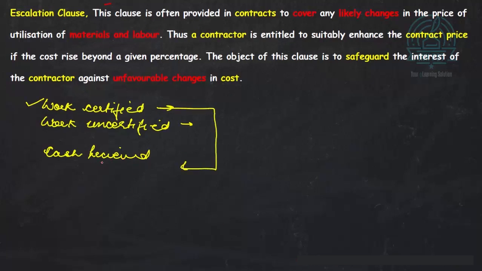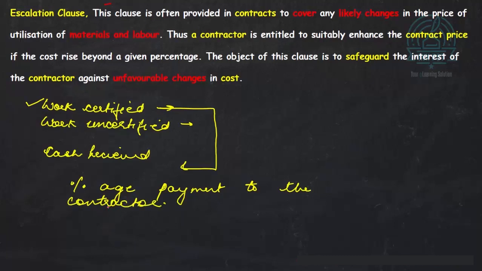He makes a certain percentage of payment to the contractor, and this percentage is always the percentage of work certified, right? So, cash received is always a percentage of work certified.